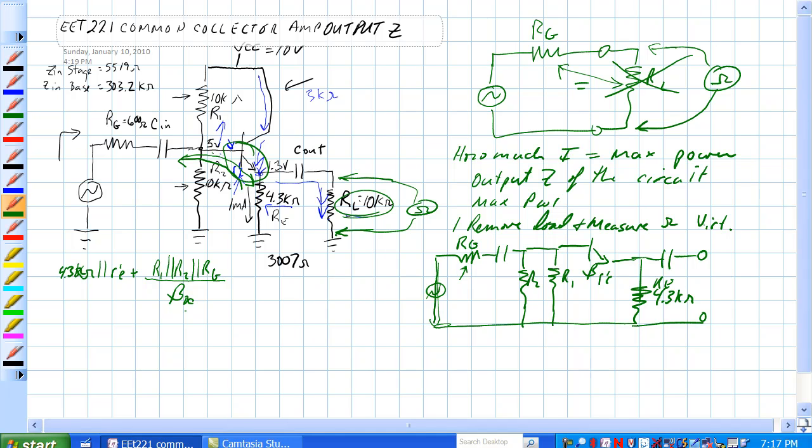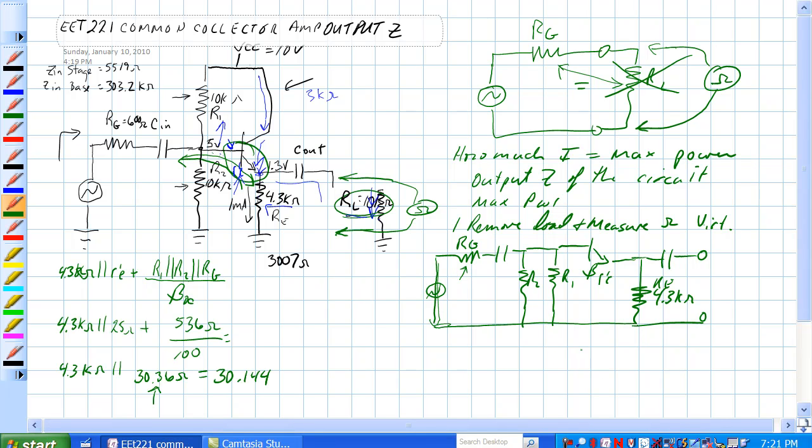So let's figure out what this is going to be. As we look at this, we've got 4.3 k ohms in parallel with R prime E, which is 25 ohms here. R1 in parallel with R2 is 5K in parallel with RG, came out to 536 ohms.